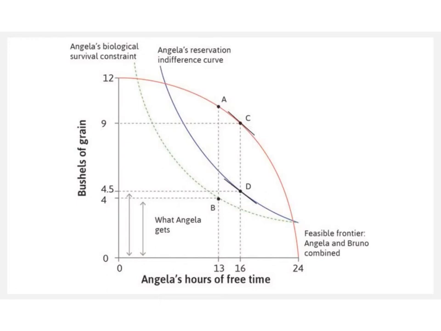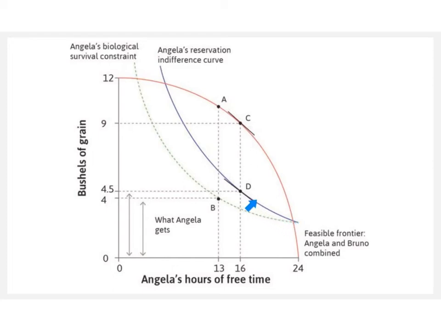Now we have this vestigial biological survival constraint, but now when Bruno has to make Angela a take it or leave it offer, she has the ability to say no. So now it's her indifference curve, and indeed her reservation indifference curve, that matters. This is some level of government benefit if she works for 0, if she has 24 hours of free time.